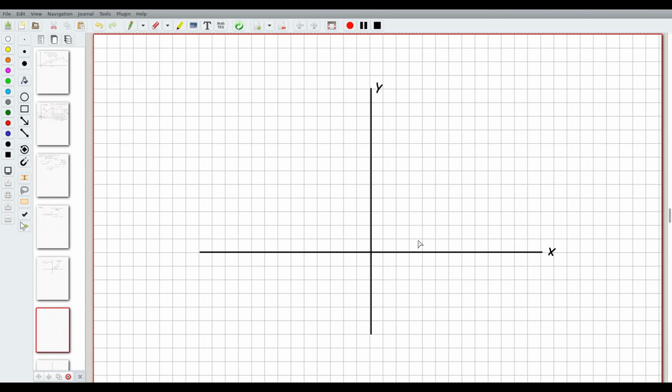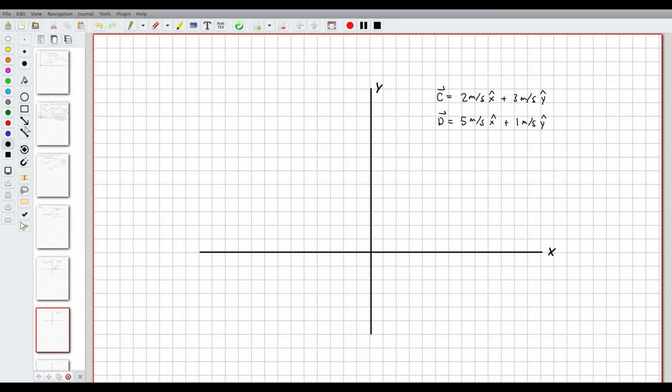So let's pretend that you have two vectors. We'll use C and D again. C is 2 meters per second in the x direction plus 3 meters per second in the y direction. D is 5 meters per second in the x direction plus 1 meter per second in the y direction. So how would you draw these things?